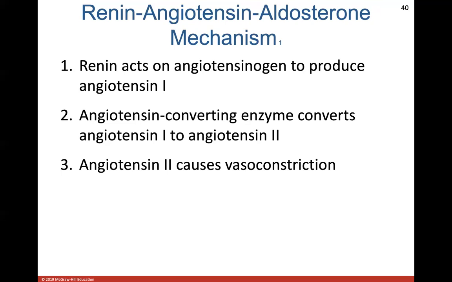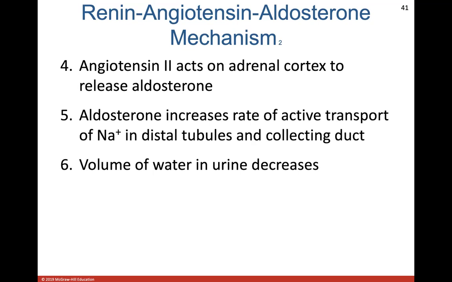And renin will act on angiotensinogen to produce angiotensin 1. Angiotensin 1 eventually gets converted to angiotensin 2. And angiotensin 2 directly causes vasoconstriction. Whenever you vasoconstrict your blood vessels, blood pressure increases. So it works to try to counteract a decrease in blood pressure by increasing it by vasoconstricting your blood vessels.